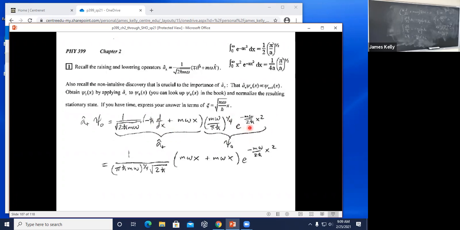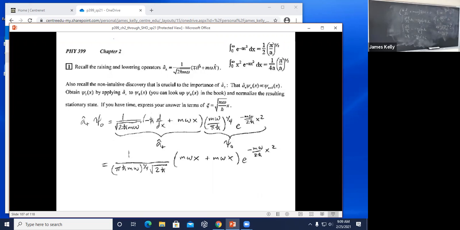Of course, when I do that, it's going to pull down a 2x with some constants and give the Gaussian back again. And then I'm also going to have another term that has an x multiplied by the Gaussian. So both the derivative term and this one have an x out in front of a Gaussian, and you'll find it simplifies to that case there.